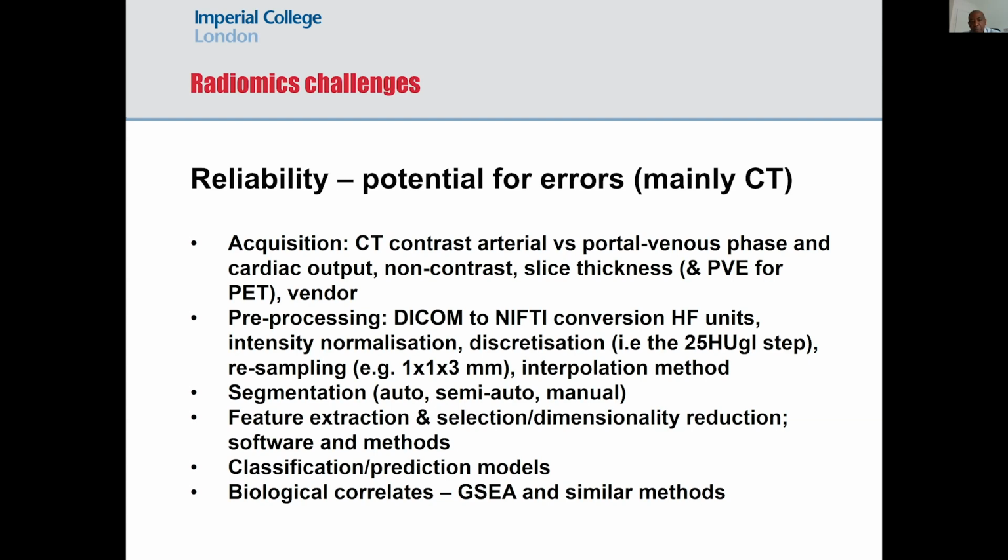indicated a few. And so the acquisition process, the pre-processing, where one might, for instance, look at interpolation methods, but could have errors. Segmentation has huge errors, and feature extraction methods and classification could potentially have huge errors as well.